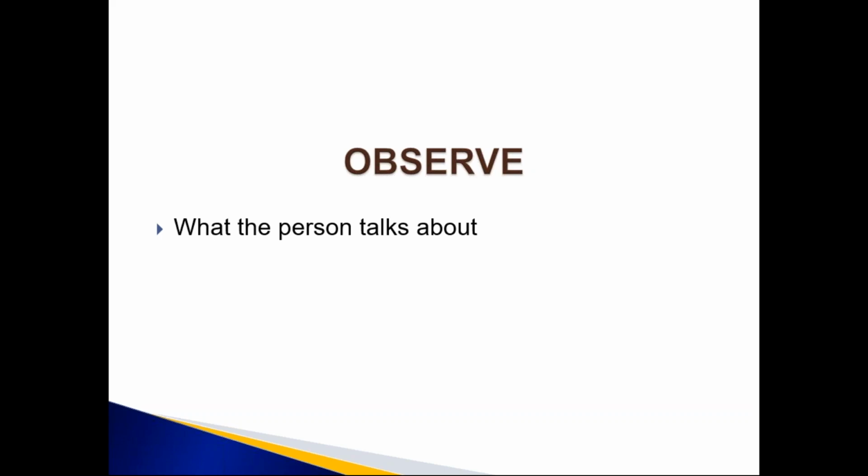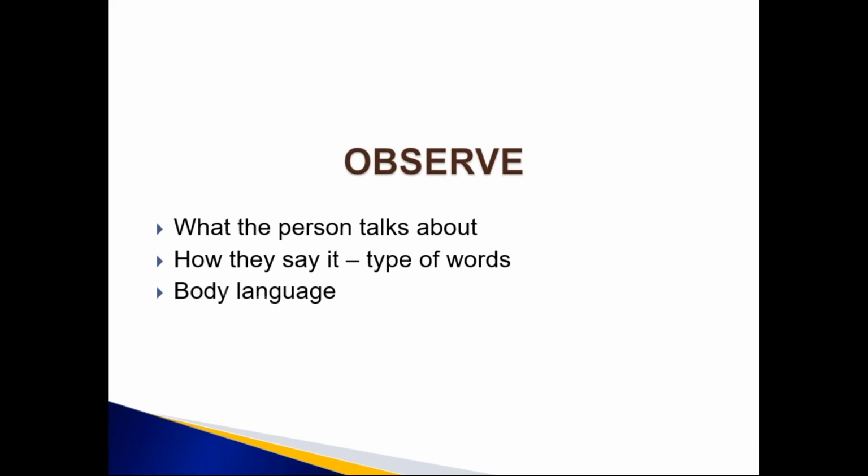So what I would suggest is maybe start asking questions first, observing what people talk about, how they say it, the type of words they use, the body language, going back to the 4 categories again. An influencer and the stable relator are going to be a little more relaxed and laid back in their body language, where the dominant and C's are going to be more formal and more assertive in their body language.